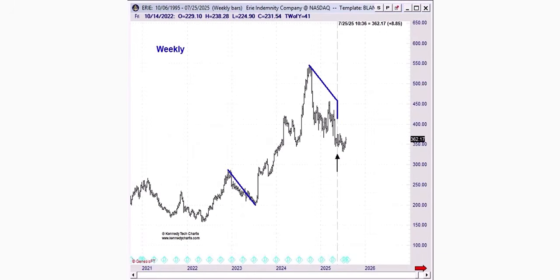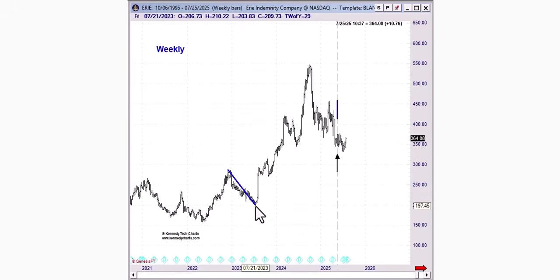Part of the reason I wanted to show you the technique again today is because I found another stock. This is Erie Indemnity Company, ticker symbol ERIE. All we're doing again is applying the KTL. We're going to start off with that line originally, this would be the decline here. So we're saying, okay, this is the proportion, this is the duration of that sell-off.